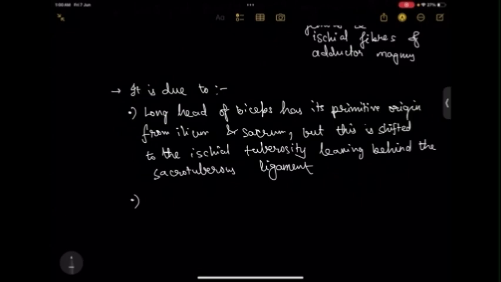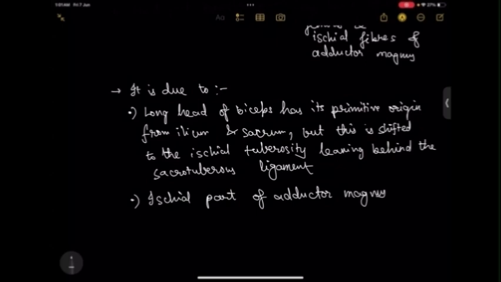Now, coming to the ischial fibers of adductor magnus. The ischial part of adductor magnus is primitively inserted into the medial condyle of tibia.